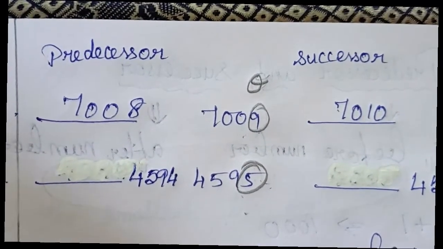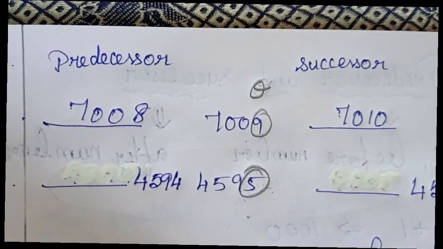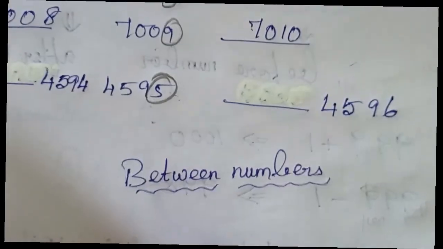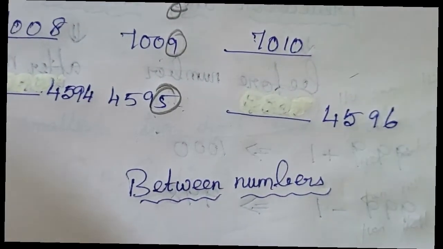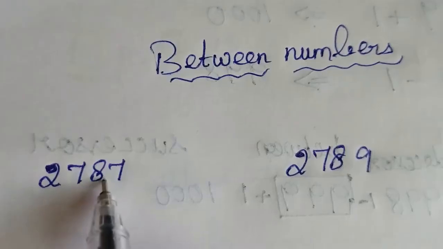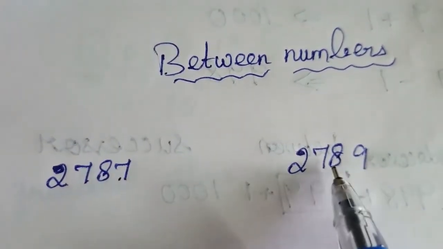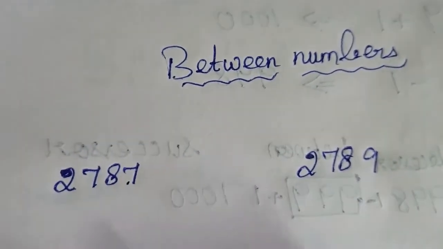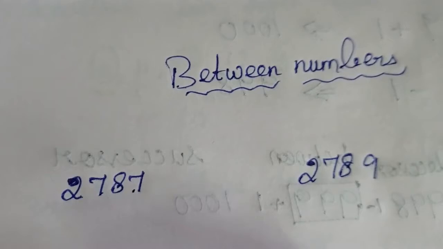Now children, next we are going to see about between numbers. Now let's see some examples related to between numbers. 2787 and 2789. In between, one number is missing. What is that number?